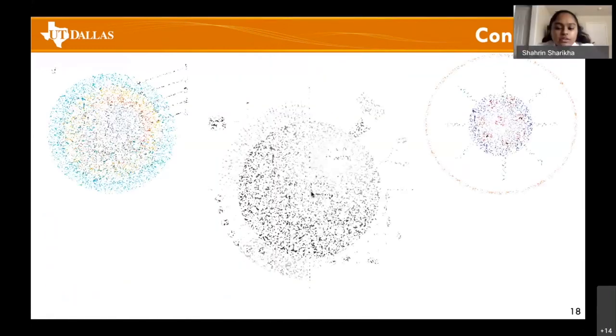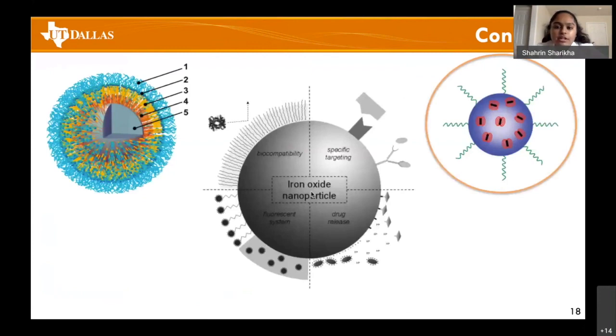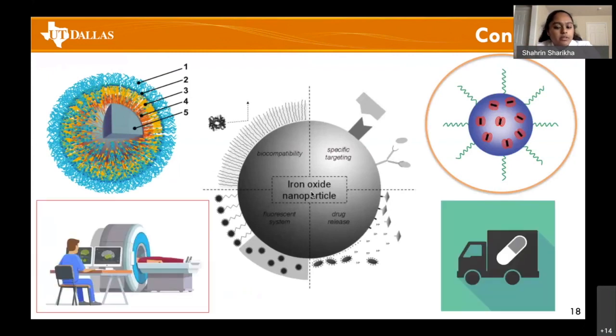So in conclusion, there are a variety of nanoparticle contrast agents out there, ranging from magnetic nanoparticles to VLP-based to ORCAs, and they all have their own pros and cons. They're able to be biocompatible, they can be used to specifically target certain tissues, and they can be applied for a variety of different applications.